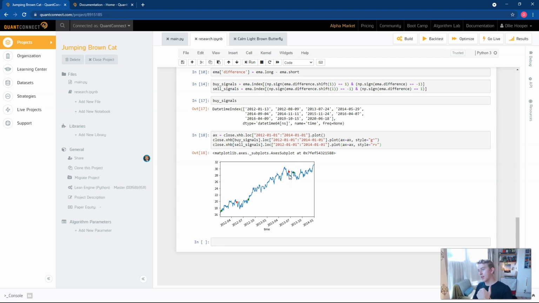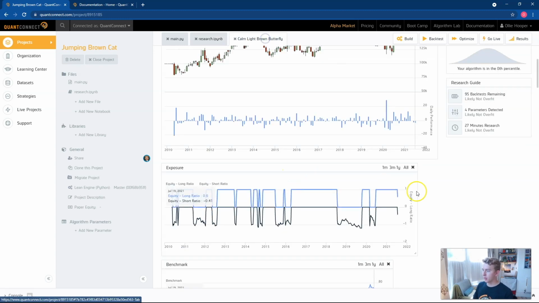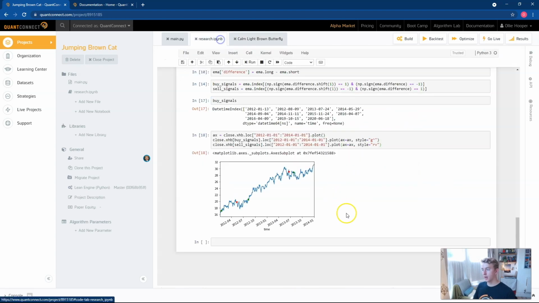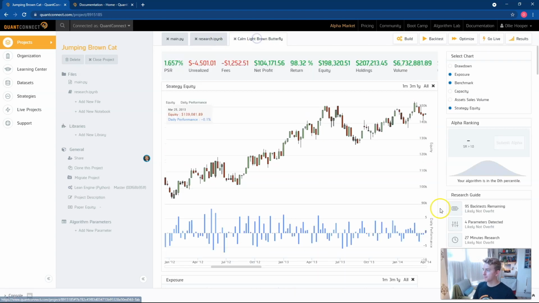Then we sold and then quickly bought again. So let's have a look at our exposures in 2012 to 2014, sorry. And we can see that this is replicated. We had a buy and then a sell, then a long buy, and then a short sell, and then a long buy again. So we can see that this is lining up with our research notebook.